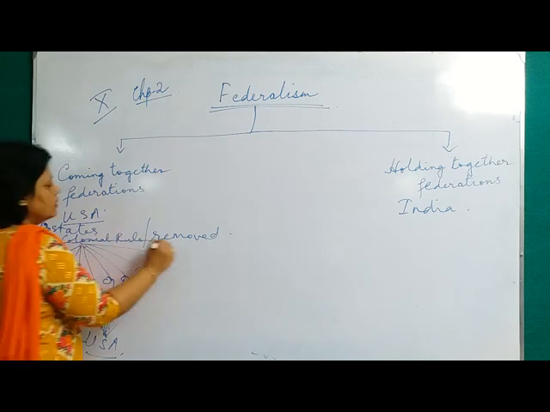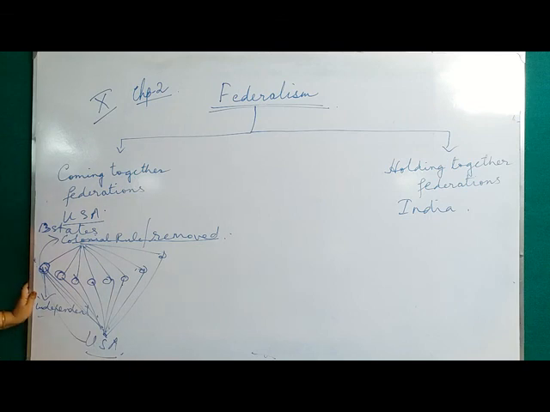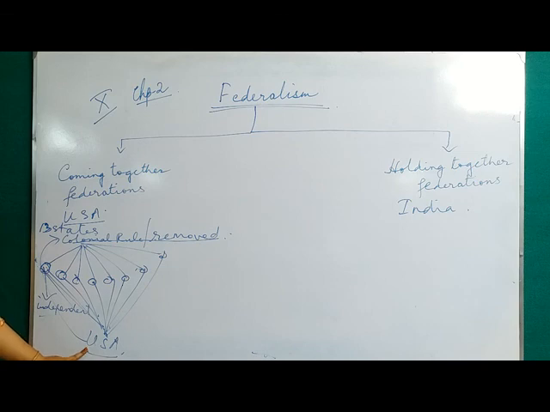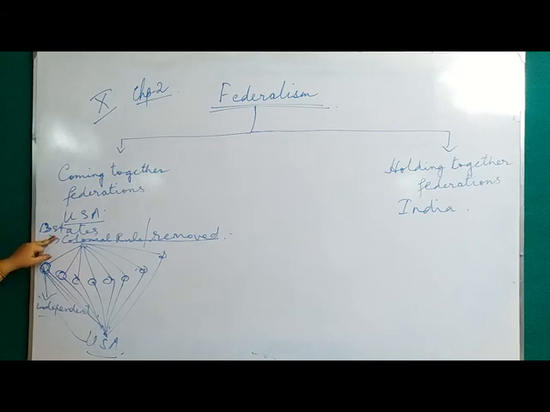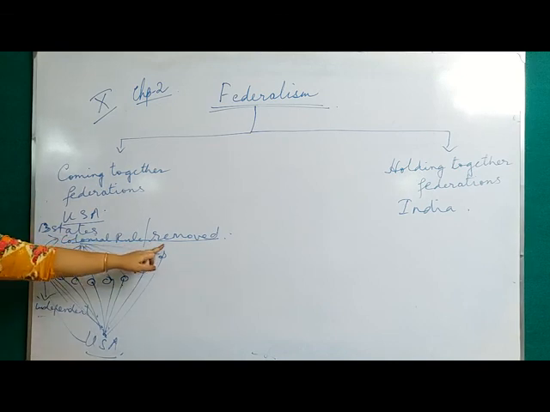To remove the colonial rule. Clear? That means these states were independent. They came together and they formed one single power. And after forming this single power, what did they do? They had one common objective. And what was that objective? To remove the British colonies.